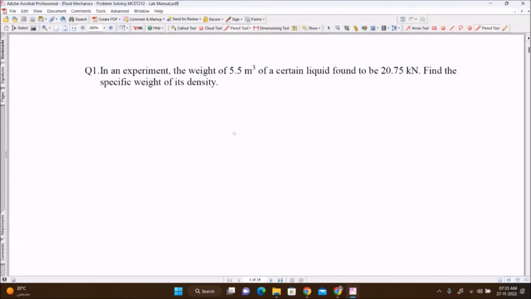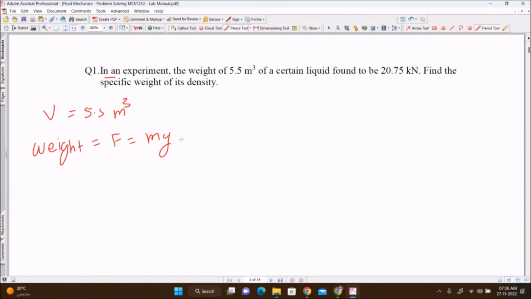First, no doubt, write the given data. In an experiment, the weight of 5.5 meter cube, so meter cube means it is a volume, V, of a certain liquid is found to be... Weight is equal to F is equal to mg. It is not a force, it is a weight because it is acting downwards.